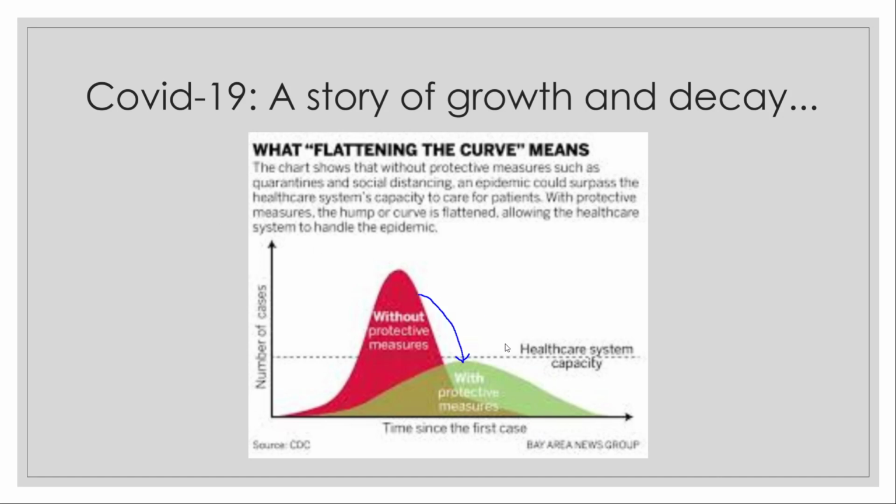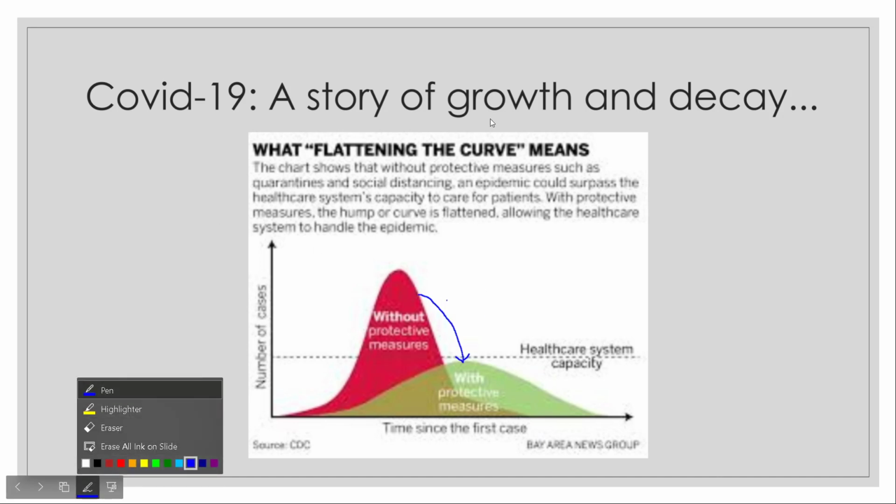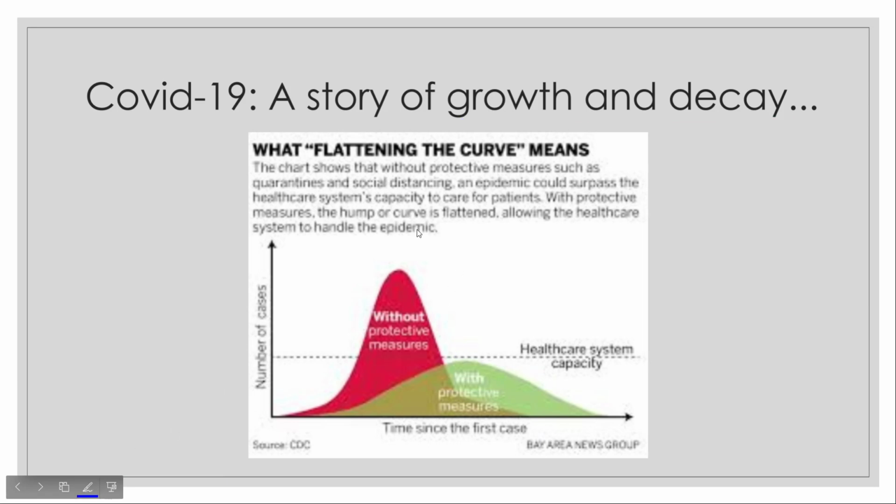So, how does this tie into exponential growth and decay? I do say it's a story of growth and decay in the title. Well, if you look here at the start, at least for a while, it looks quite a bit like exponential growth. Same as over here. That's because it is.